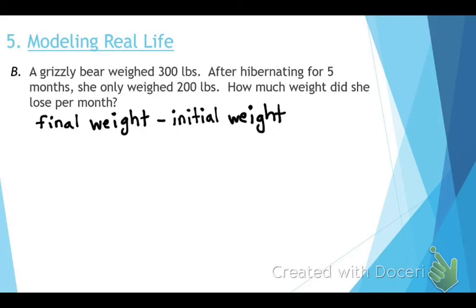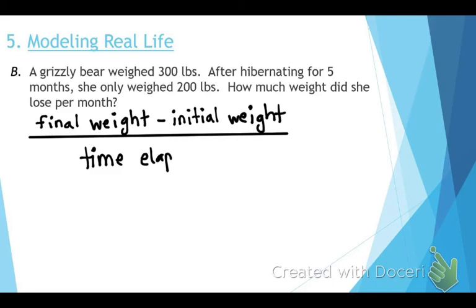And then does anybody else remember what I've got to do next? Divided by 5. Divided by time. I divide it by the time elapsed. This is one of those formulas you're going to want to remember for the grizzly bear. Repeat after me. Final minus initial, divided by the time. Final minus initial divided by the time.